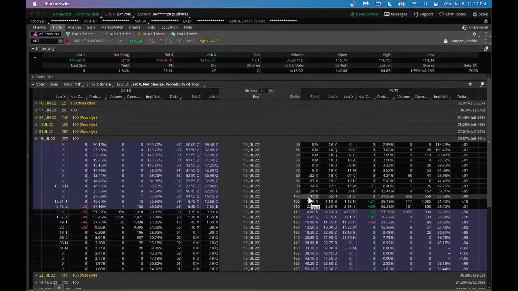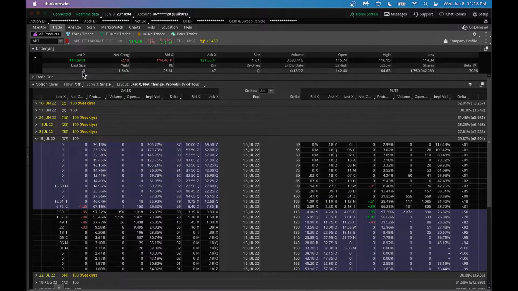That's a good enough level here. Look, 100 could be better. Look, there's a nice volume here, and open interest is higher at 105. You could do either way here. If you're very conservative, I say go with 100. Otherwise, you could go with 105. Mainly because even if you get assigned with stocks like Abbott Labs, it's a good stock. You could turn around and sell a covered call, or even sell a strangle and make money that way too.